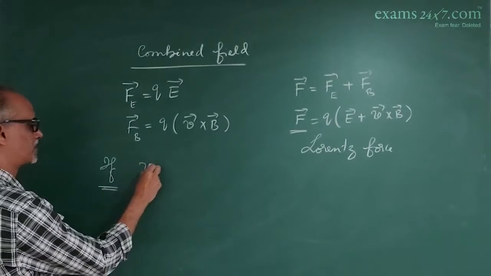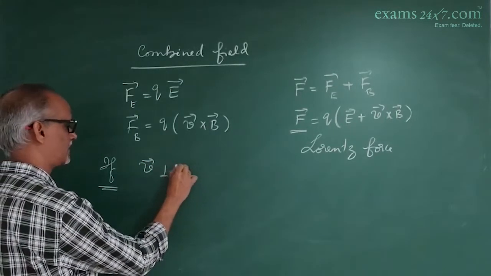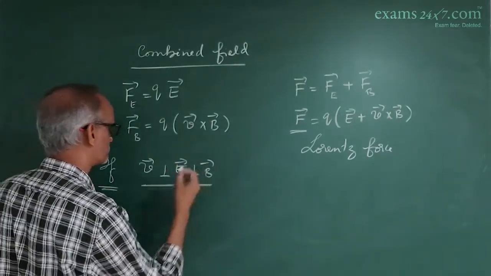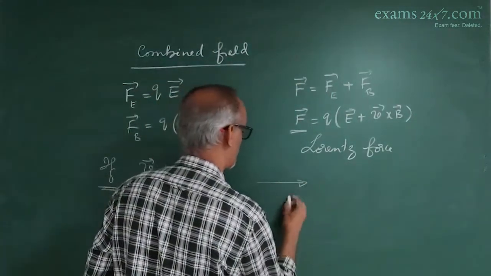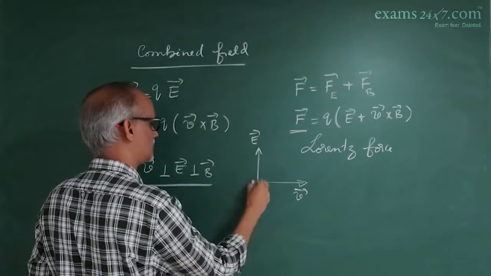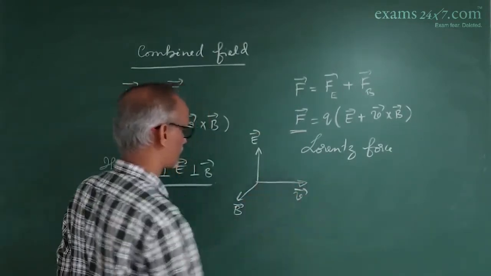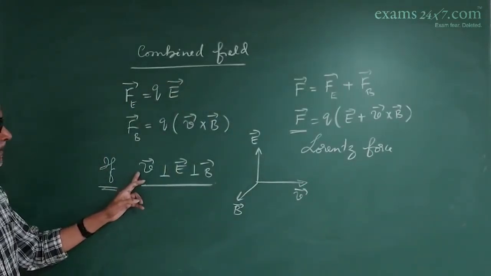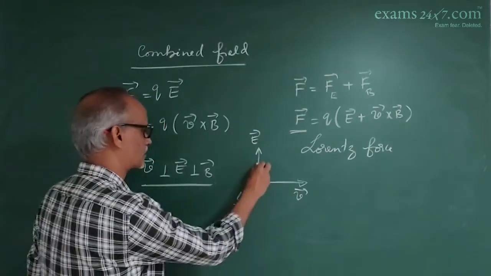Suppose the particle moves perpendicular to the electric field as well as the magnetic field. So this is the v vector, this is the E vector, and this is the B vector. Then due to the electric field, it experiences a force in the upward direction.